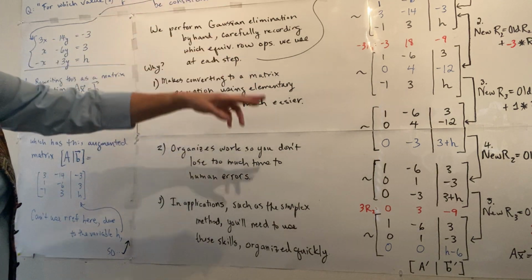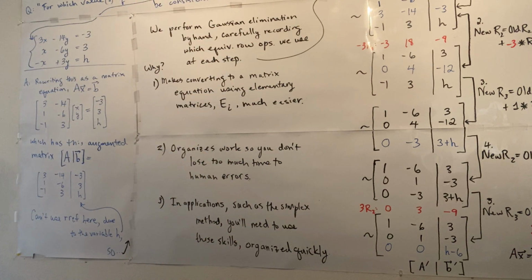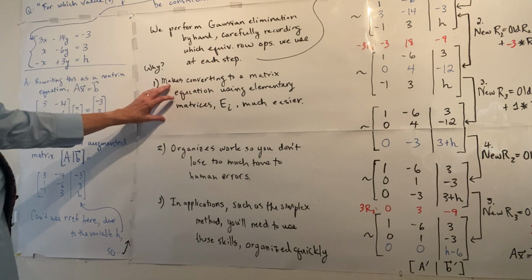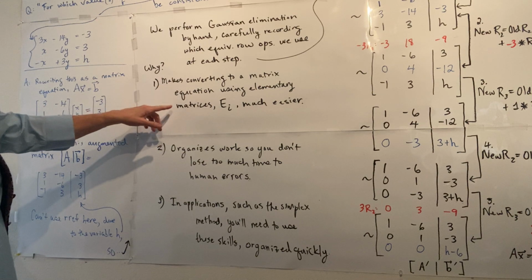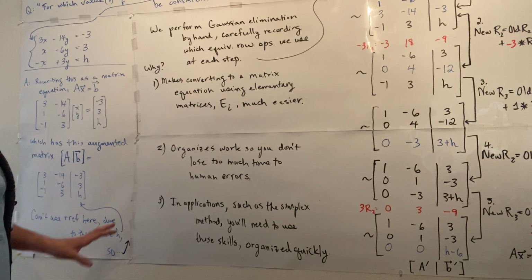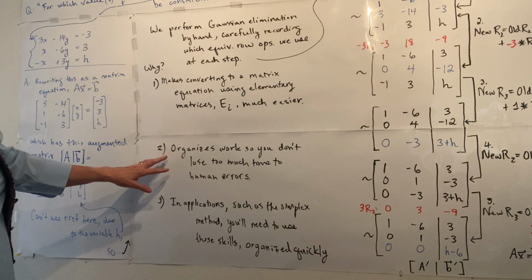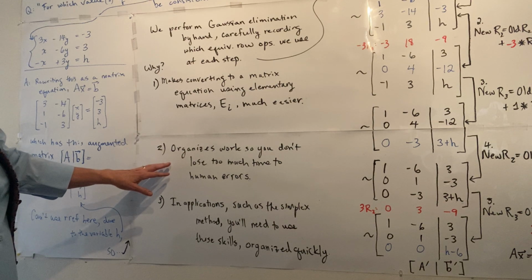Doing it the way I'm going to show you, in one long column with the elementary row operations right next to each step, helps you when you're trying to convert to a matrix equation involving the elementary matrices, for one. For another, it just keeps you sane and conserves your energy to get through the thing.